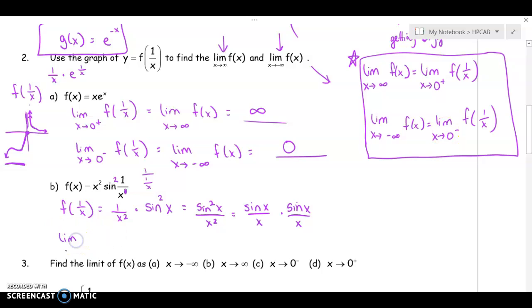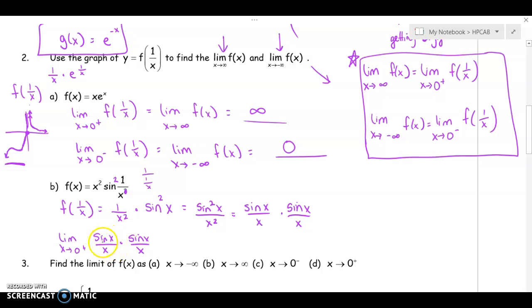So we're going to be doing the limit as x approaches 0 from the right of sine of x all over x times sine of x all over x. Well, when we did this on our last note sheet, the limit as x approached 0 of sine of x over x was equal to 1. I don't know if you remember that or not.